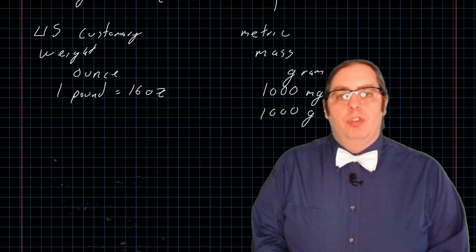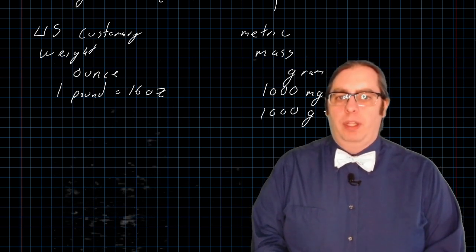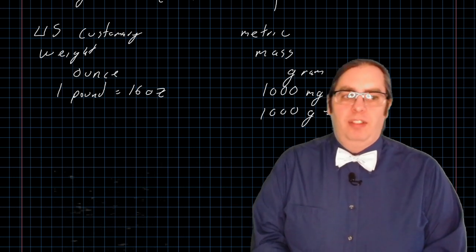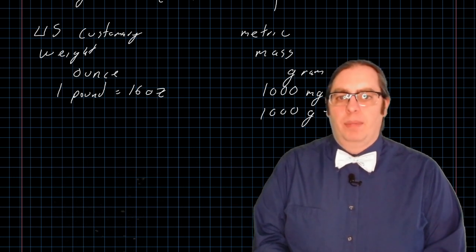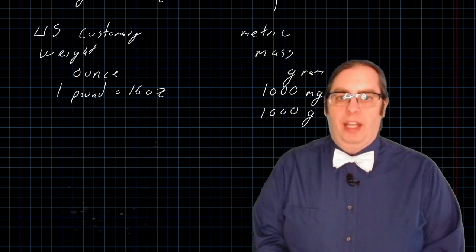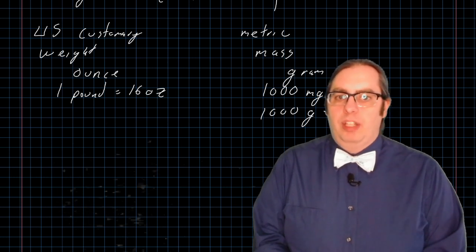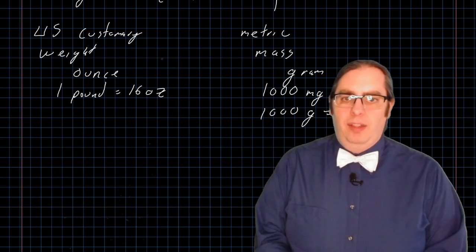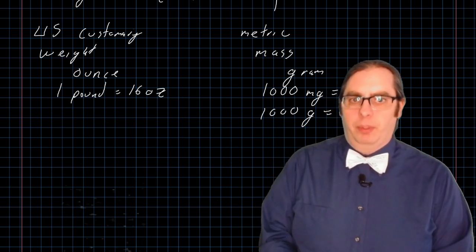These conversations almost always lead to a question of, well, if the metric system is so much easier, why is the United States insisting on sticking with the archaic system that we have? There are two answers to that. The first one is that the US customary system is a lot more convenient in the sense that we very often do not need decimal numbers.